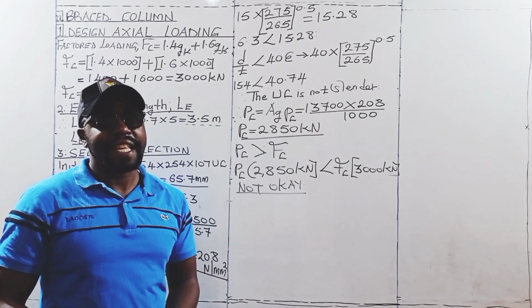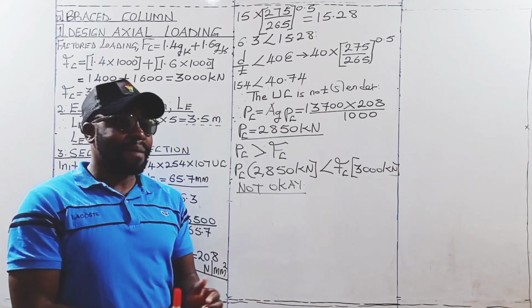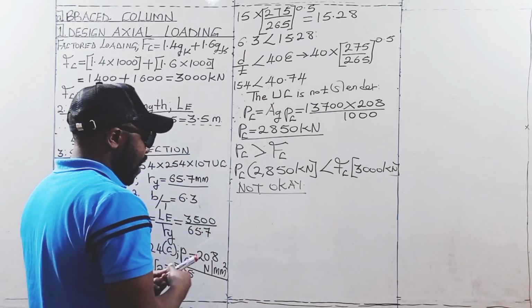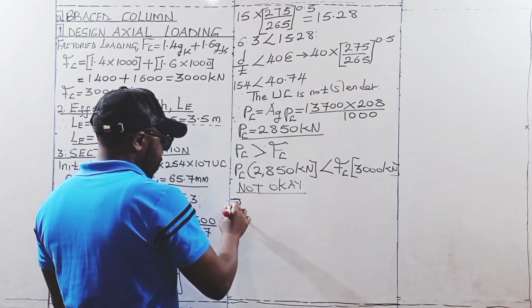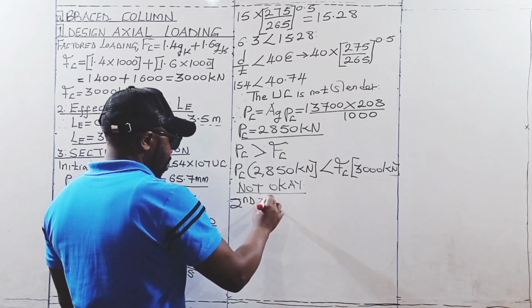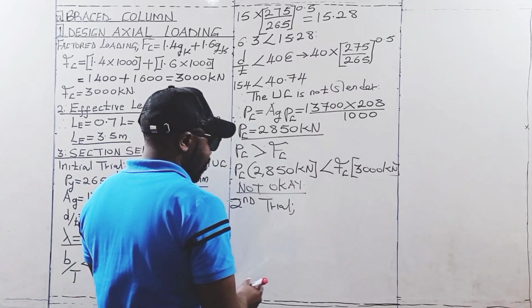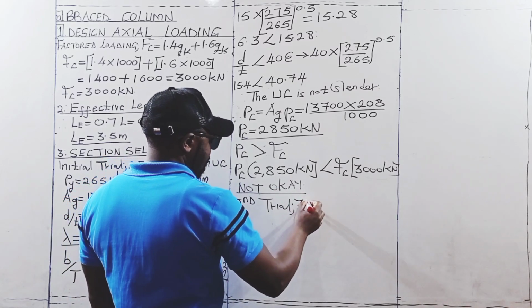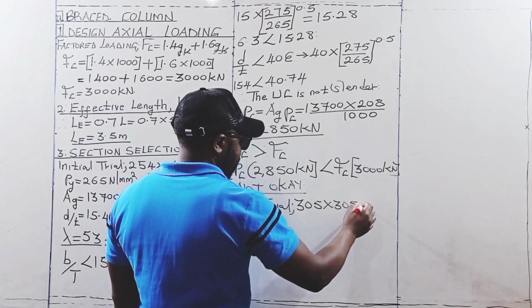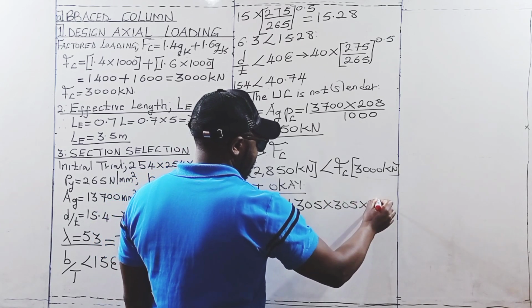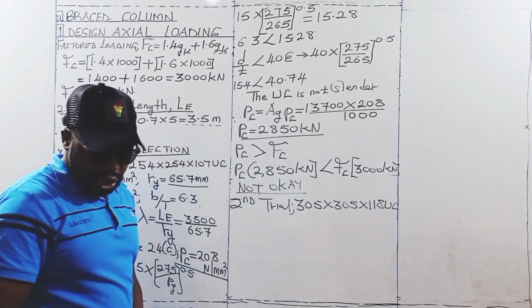Remember, we said that this column design can only be done by trial and error method. Therefore, let's try our second section. So, you can say second trial. And in the second trial, we are going to try 305 by 305 by 118 universal column, that is UC.